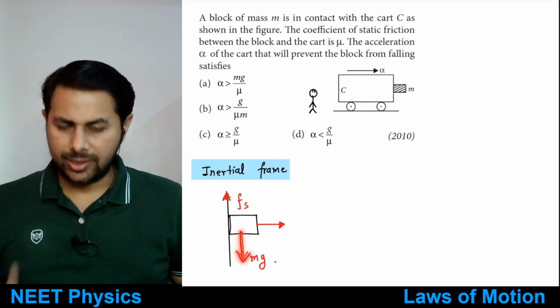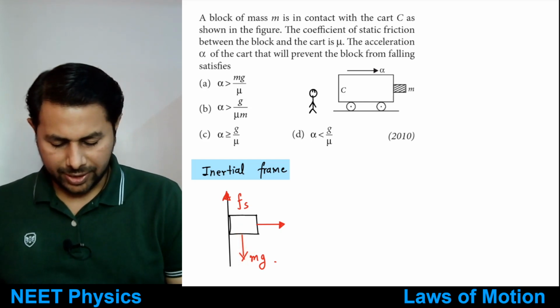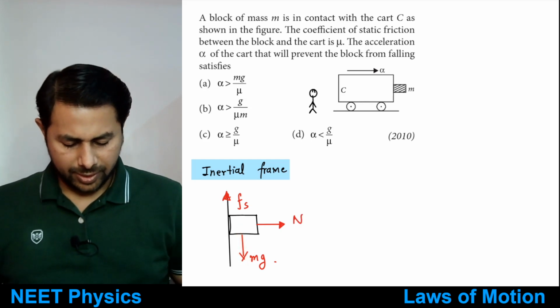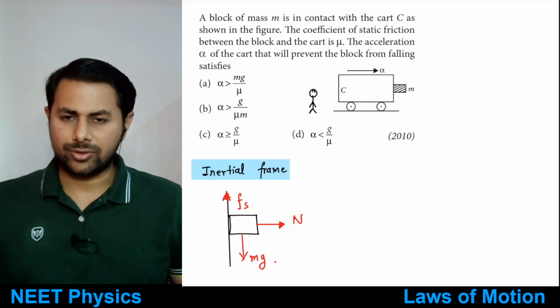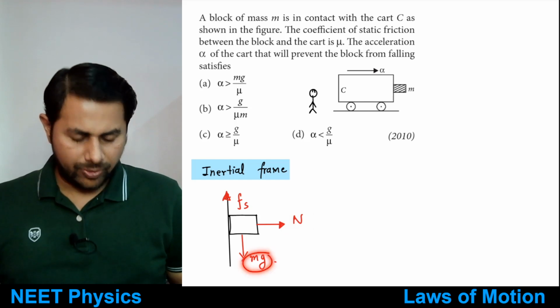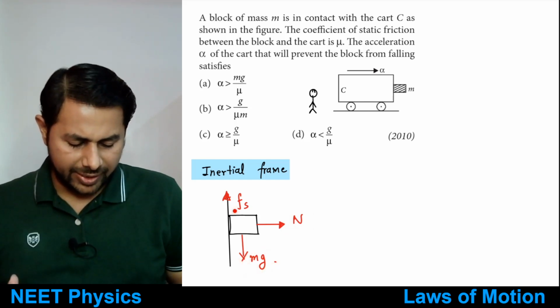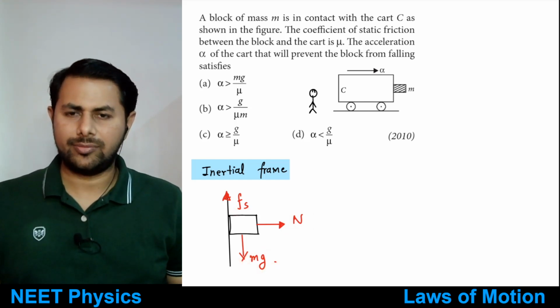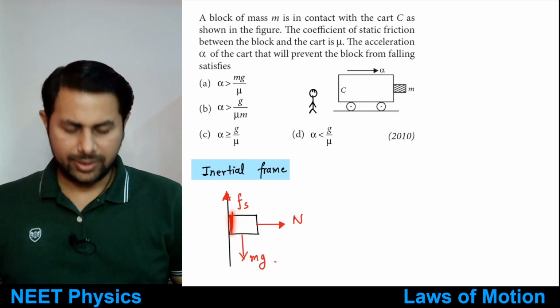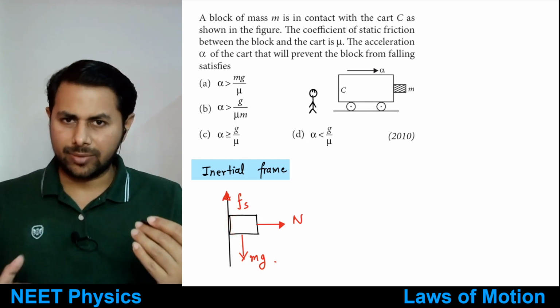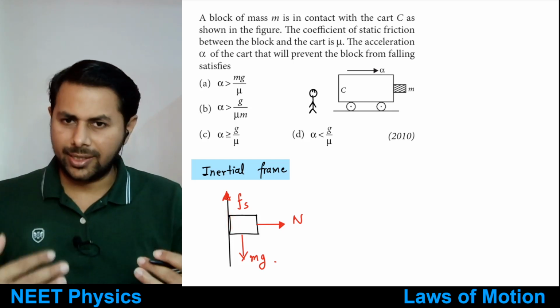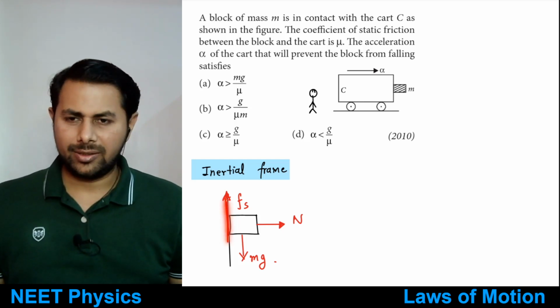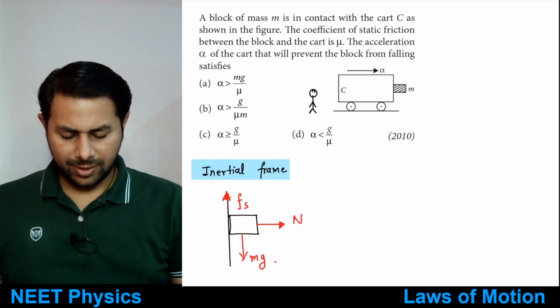If it is not falling down, it means its weight is totally supported by the friction. Friction is enough to prevent it from sliding down the plane.